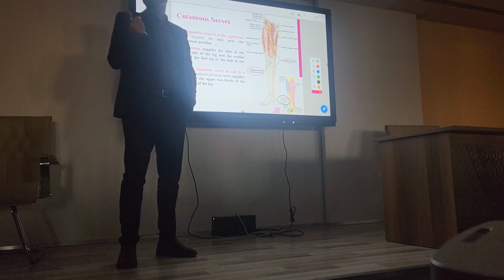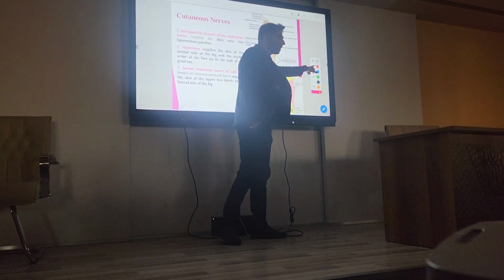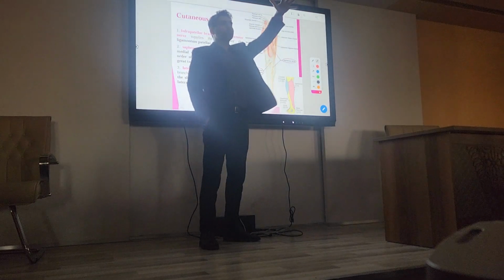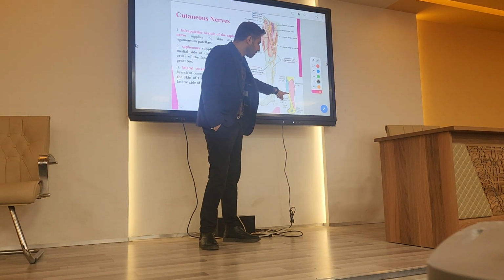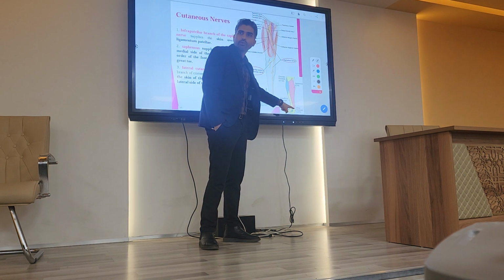What are the sensory actions? Look at here. Superficial fibular nerve, after it innervates muscle, becomes sensory. It goes to the superficial fascia, close to the skin, so it innervates the lower part of the anterior side of the leg and the dorsal side of the foot.